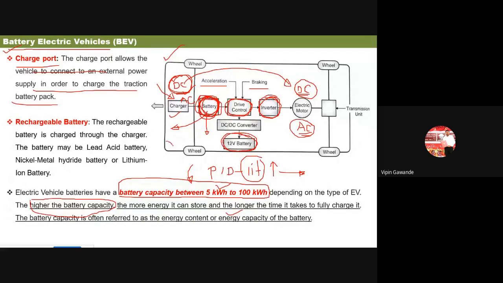The light of the vehicle, okay, then the indicator of the vehicle, then the horn of the vehicle. So these are operated by means of this small battery. This is the auxiliary battery, the secondary battery, and this is our main battery from where we are getting the power. Okay, so two types of batteries are available in the electric vehicle. One is a small battery from which we can operate the auxiliaries. Auxiliaries म्हणजे lights of the vehicle, okay, then the horns of the vehicle, then the simple components, that we are operating. Okay, then this is the main battery.